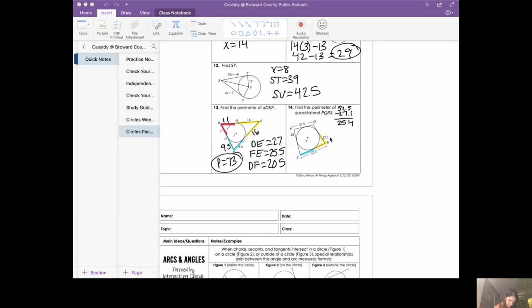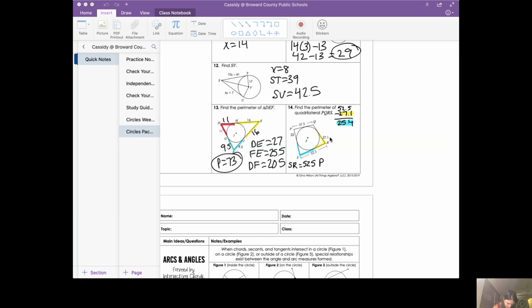So I'm going to highlight that in blue, and highlight that piece in yellow. So if that's 25.4, we know that PS, we've got SR, it's 52.5.